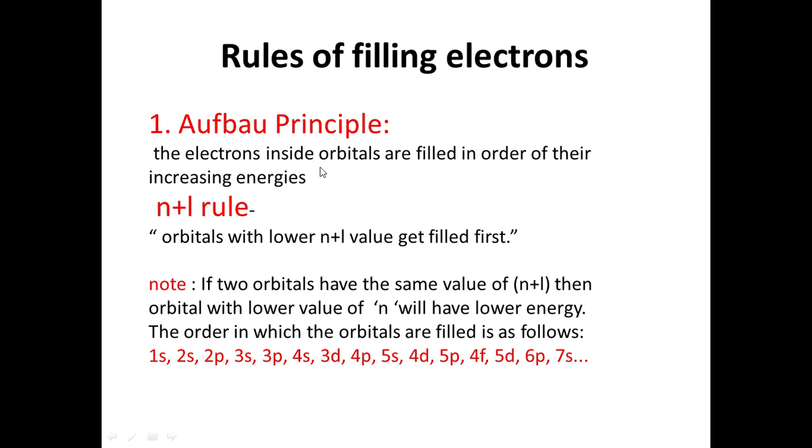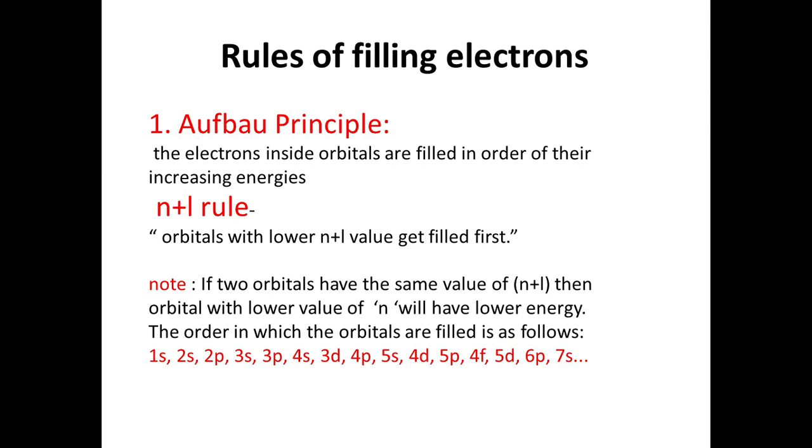As I said above, the orbital with low energy is filled first, and that can be explained further by the n plus l rule. Here n means the principal quantum number and l the azimuthal quantum number. So those orbitals which have lower n plus l value get filled first.